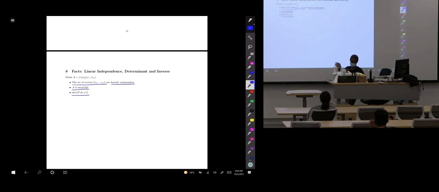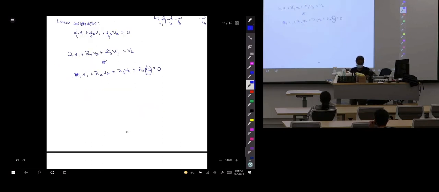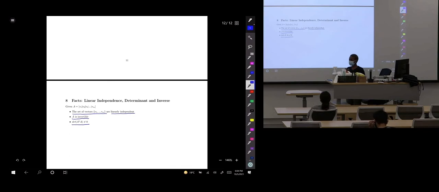So given this fact, try to think about how you would solve problem 7 differently. You could solve it using the determinant, or you could solve it using linear independence. Any questions about that?